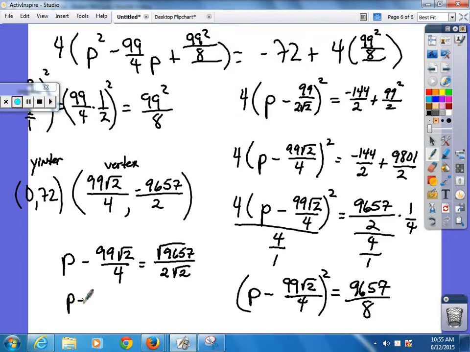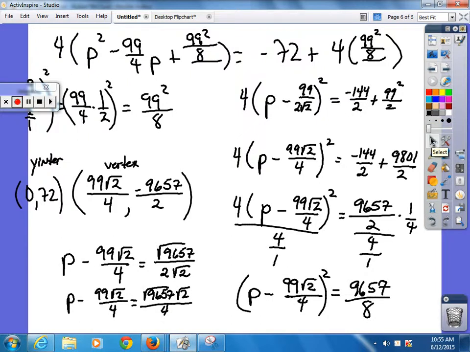P minus 99 square root of 2 over 4 equals square root of 9657 times the square root of 2 over 2 times 2 is 4. Now that's good. The denominator coming out to be 4 tells me that something's working.